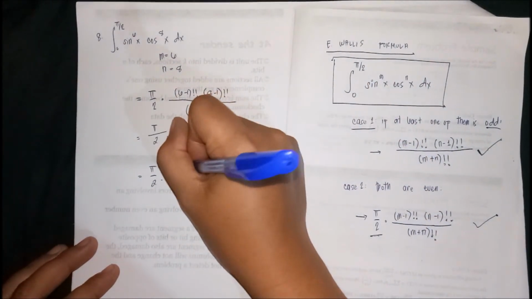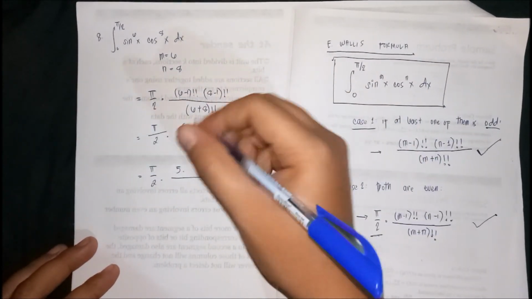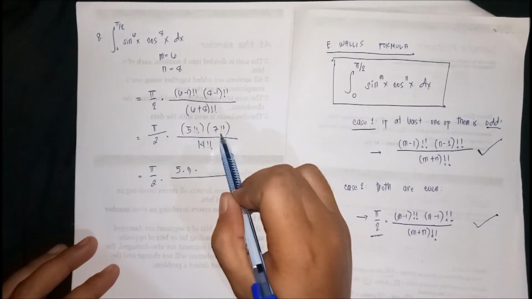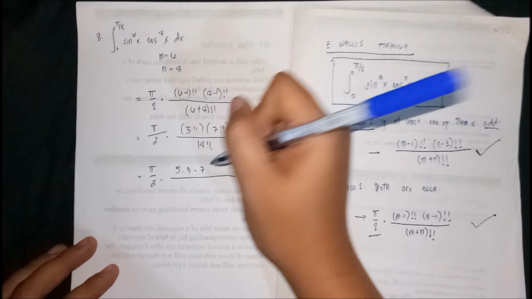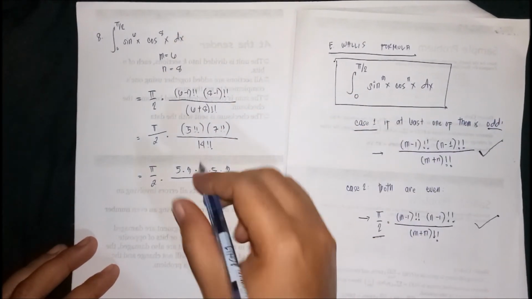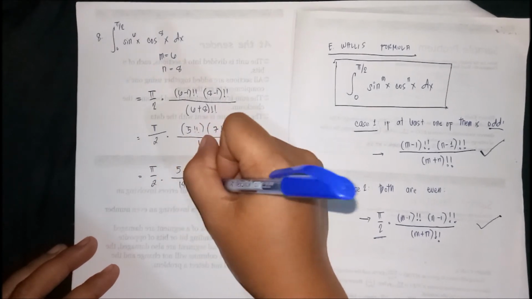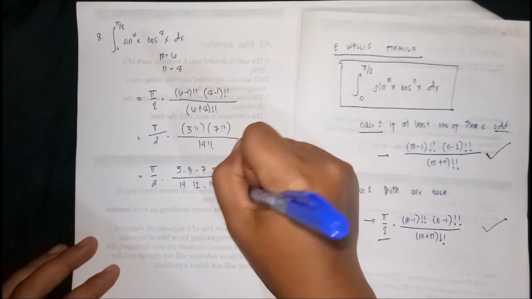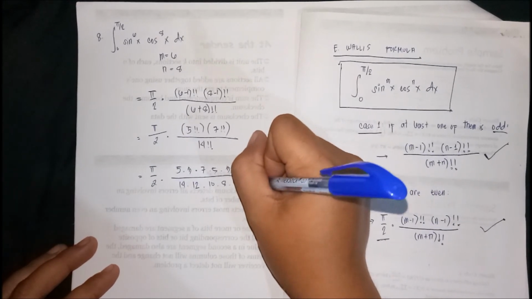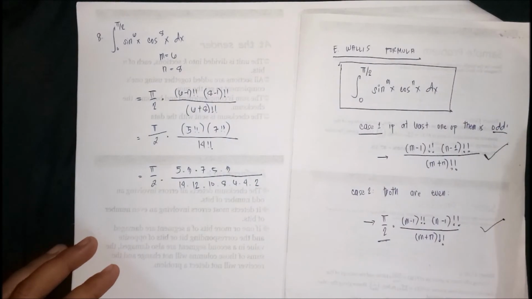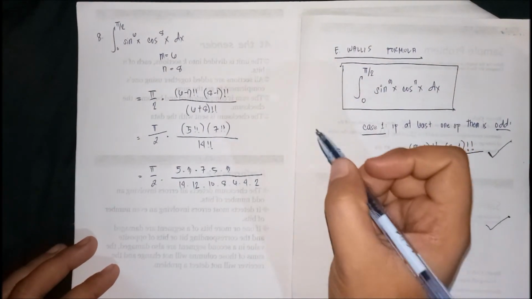This becomes 5 times 3. Okay? For this one, 7. This is 7 times 5 times 3. For 14, class, we have 14 times 12 times 10 times 8 times 6 times 4 times 2. Tama ba? And cancel lang lahat ng makakancel.